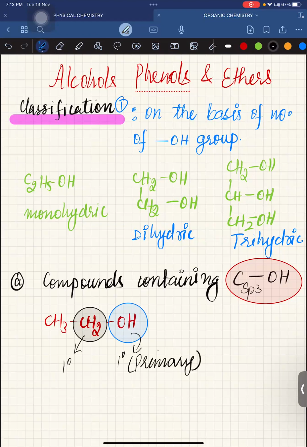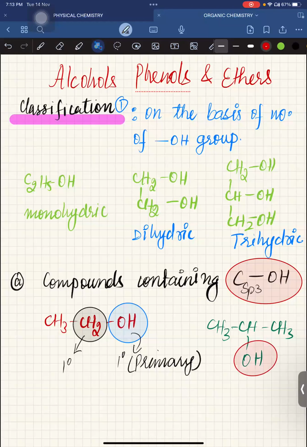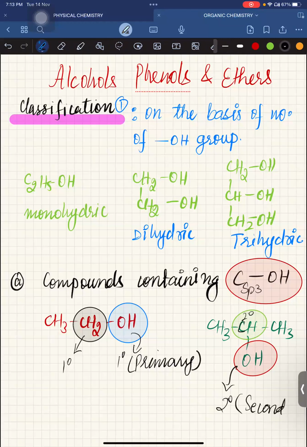Are you getting my point, both of you? Please do respond. In the same way, take CH3, CH, OH, CH3. To calculate the degree of this alcohol, you need to calculate the degree of this carbon. It is connected with 2 carbons, so this is 2 degree, also known as secondary alcohol.